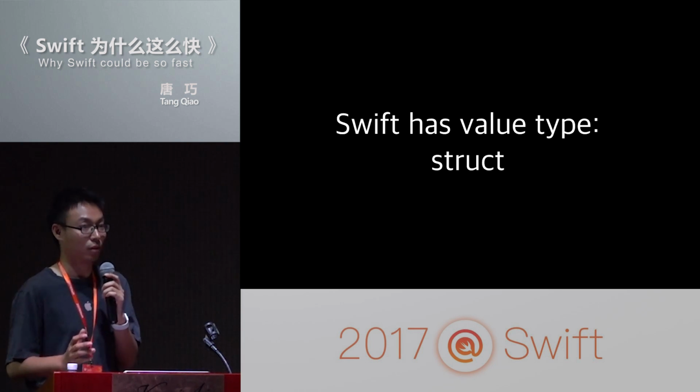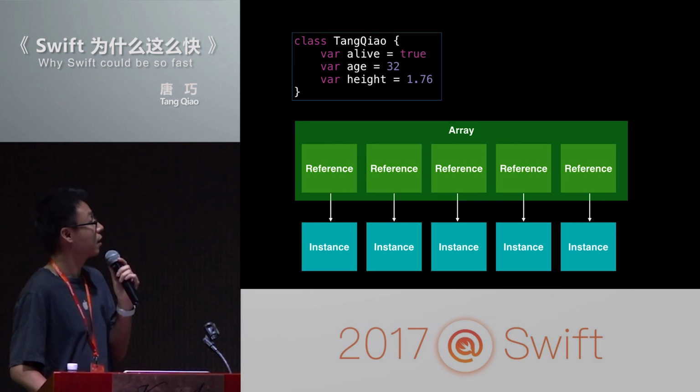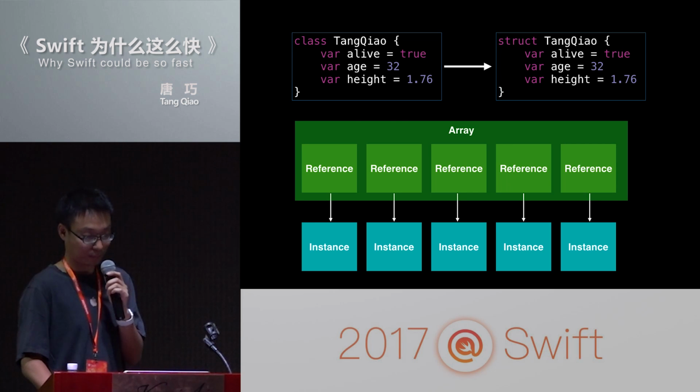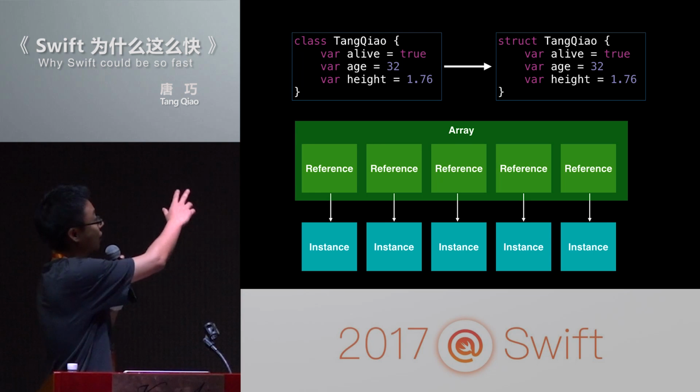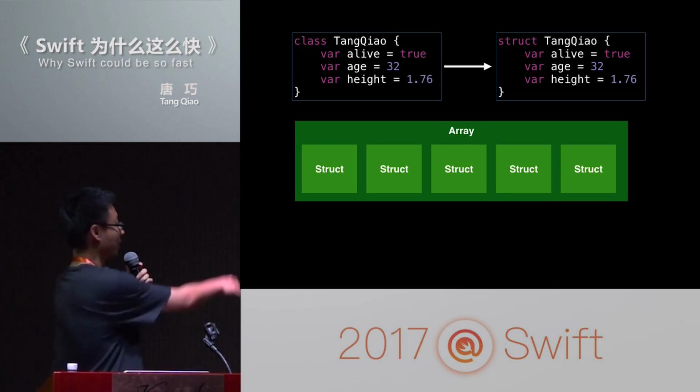And struct also has no reference count. So let's look at the example again. If I change the type from class to struct, the memory will look like this.